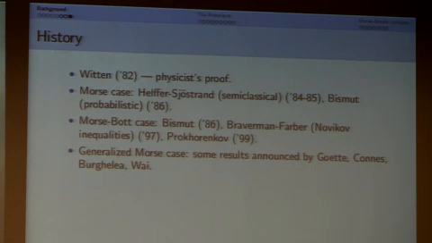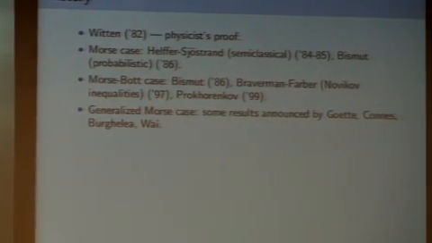And then there's also been some work in the Morse-Bott case, again due to Bismut, in the same paper, and also due to Braverman and Farber, who consider the Novikov inequalities, which are a similar setup where instead of looking at df, an exact one-form, I can just ask for a closed one-form and do a similar deformation of the Hodge, a similar deformation of the Dirac. And there have been some results announced in the generalized Morse case. As far as we're aware, no published results.